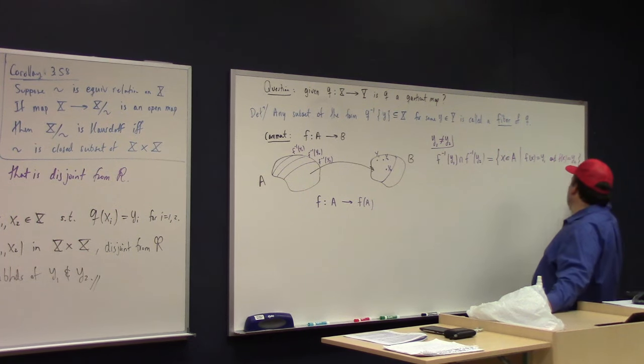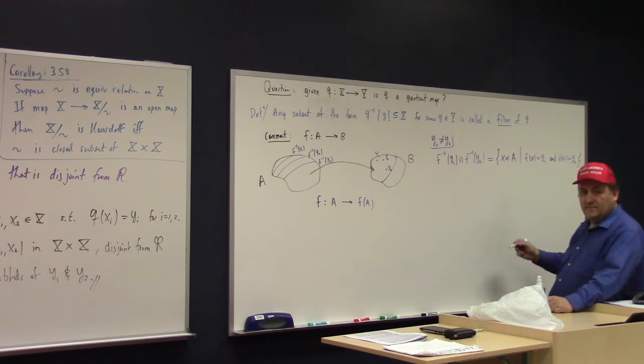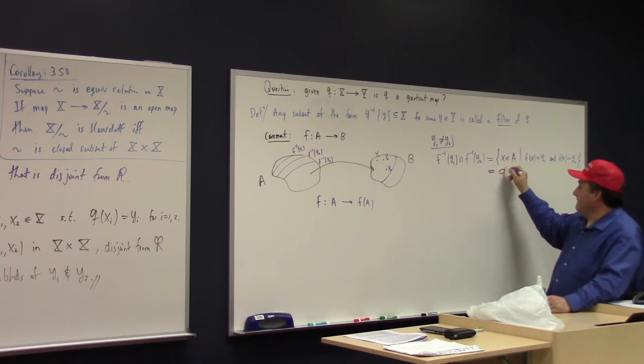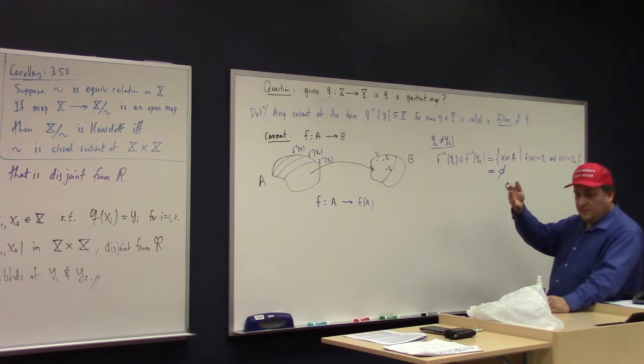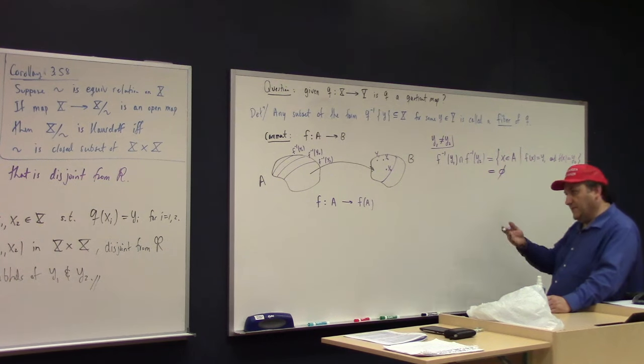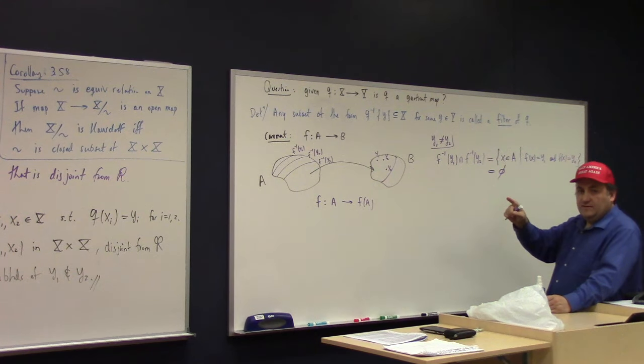Those are hard to find, right? There's none of them. So this is empty. So the fibers are disjoint, and as such they partition the domain. But any partition of a non-empty set like that corresponds to an equivalence relation, right? The equivalence relation is simply that two points in A are equivalent if they're on the same fiber.